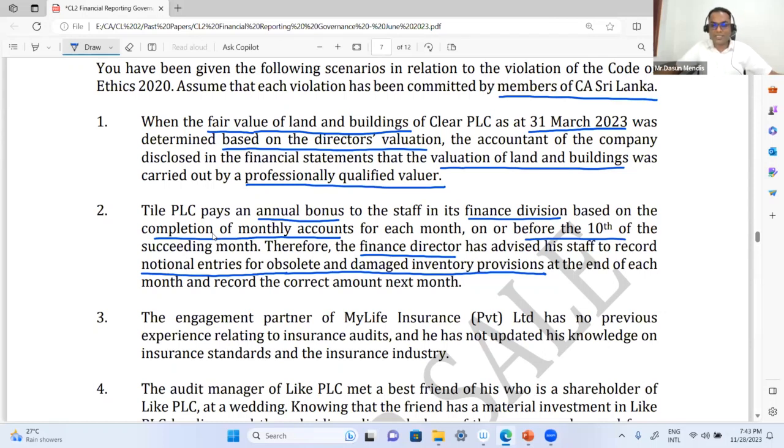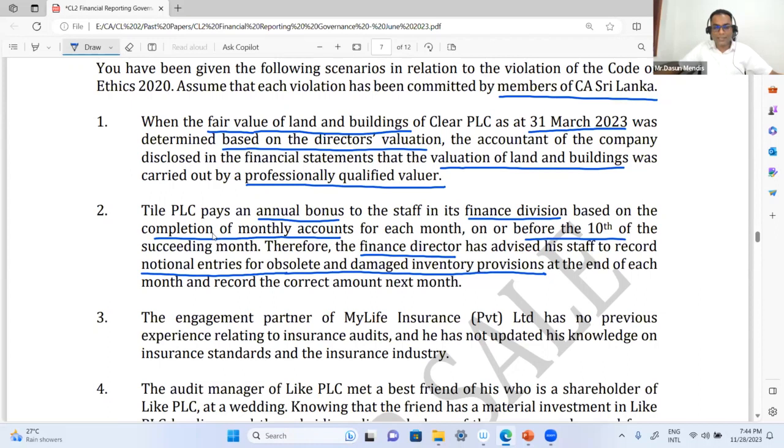What he has communicated to staff here is that our bonus depends on completion of the accounts by the 10th of the following month. So it is difficult to ascertain, or you have to work really hard. You have to stay long hours if you need to get the correct amount of obsolete and damaged inventory.